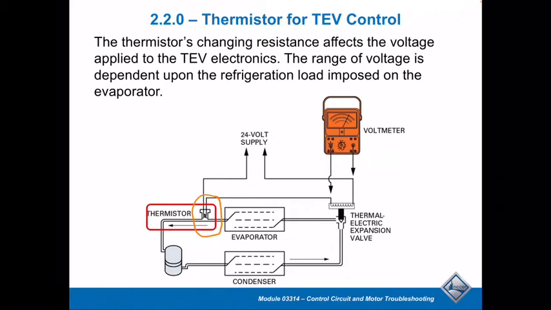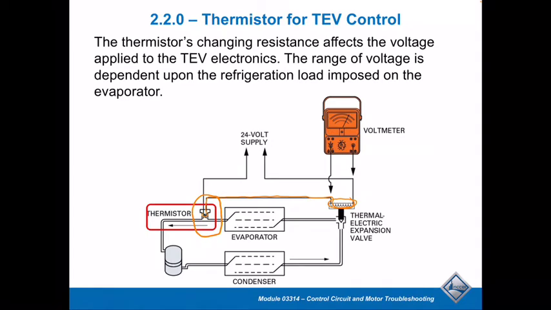Now this particular system is going to say, all right, there's going to be a certain voltage going through that thermistor. And again, the manufacturer has to figure all that out. And they're going to have that go through that circuit, and then there's going to be a certain voltage drop due to the resistance of that little thermistor, and then it's going to control some sort of a thermal expansion valve or an electronic expansion valve.